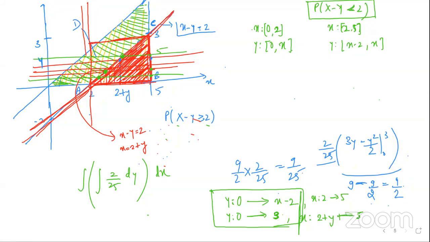Okay, so let's discuss this. Ma'am, of the two, probably the first one is acceptable. The second one is not right. The first one is correct. Y should vary from 0 to x minus 2.